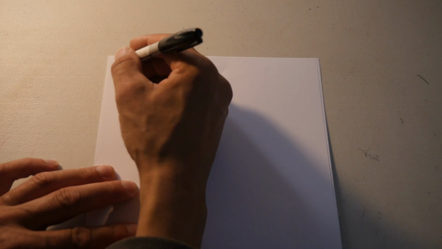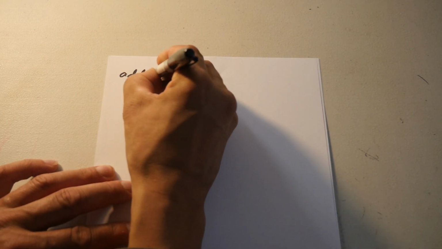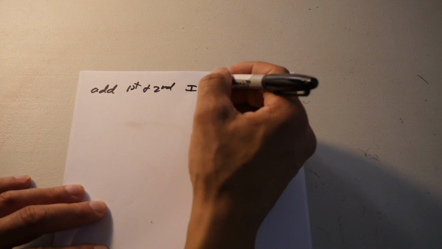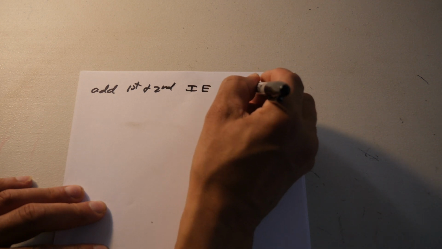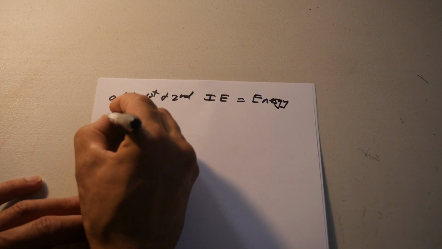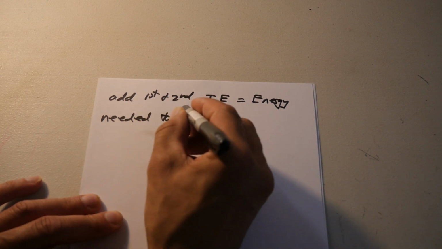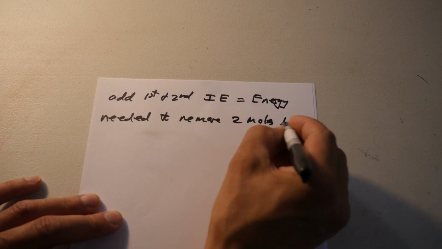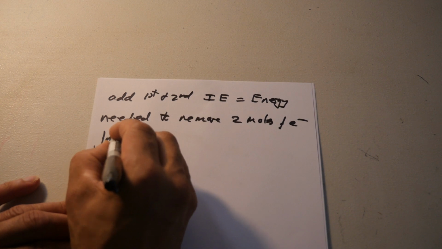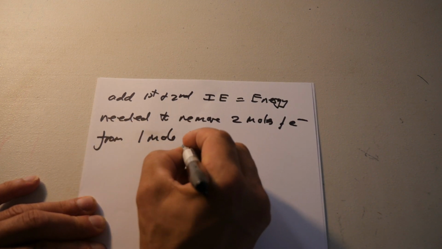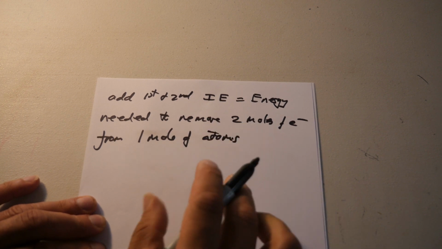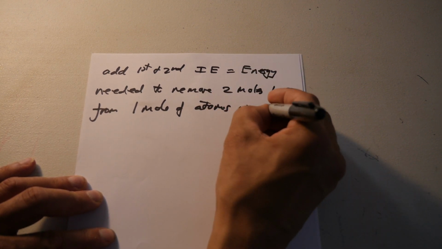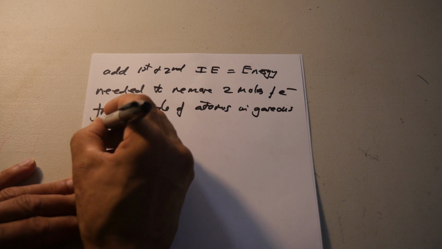If you add the first and second ionization energies, that's the energy needed to remove 2 moles of electrons from 1 mole of atoms in the gaseous state.